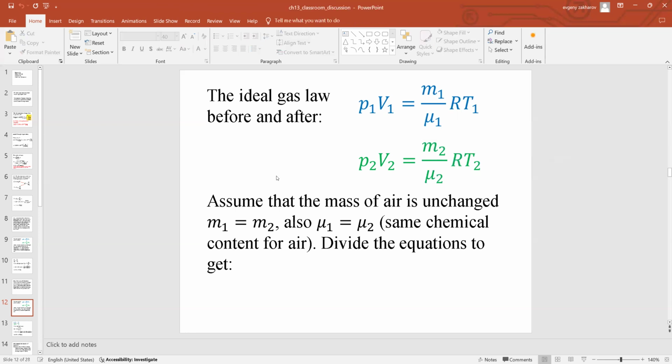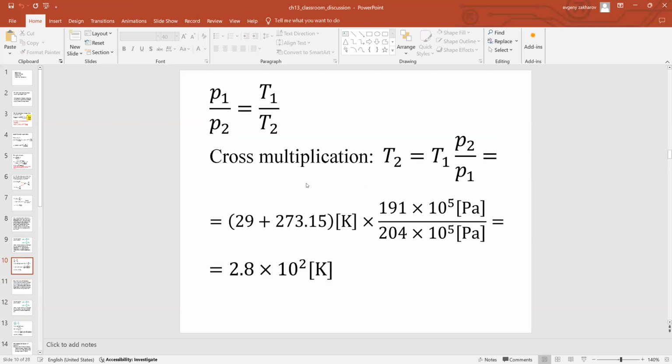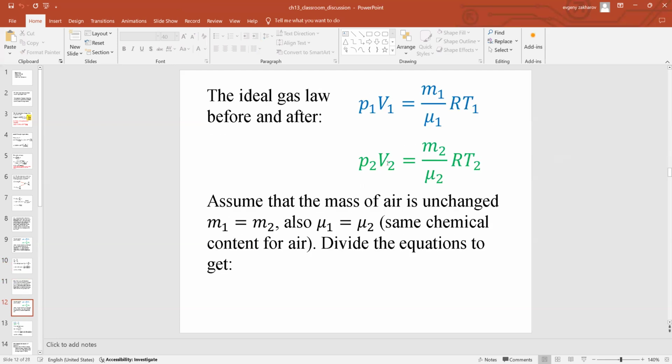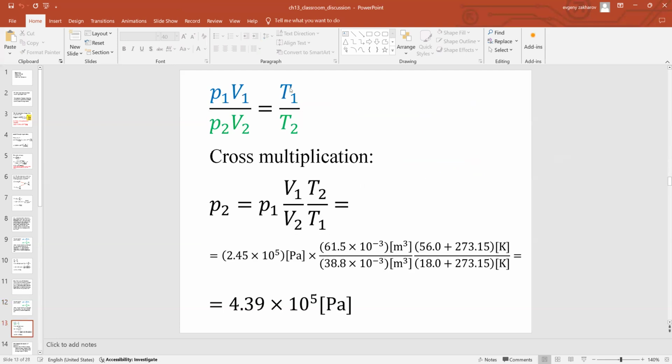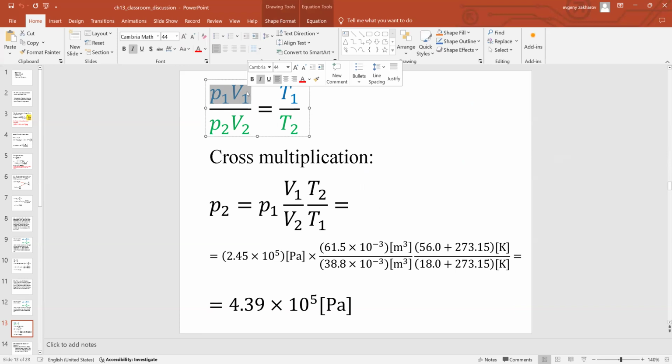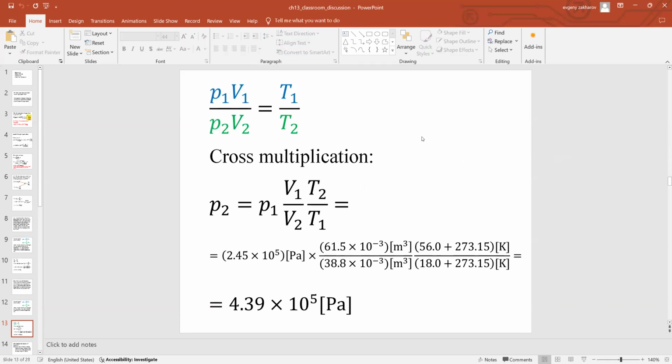R cancels. But this time, nothing else cancels. See how it was P to P, T to T. Now, you can't say the volume is the same. The volume has changed as well. So it's not just P to P, T to T. You have the combo, pressure and volume, that you have to treat as a combo, like the whole thing together.